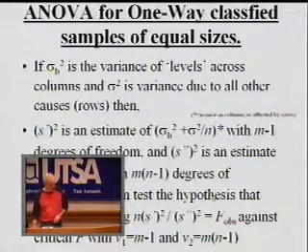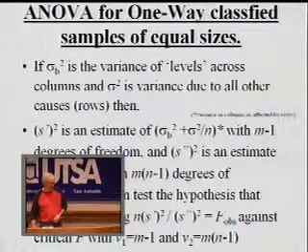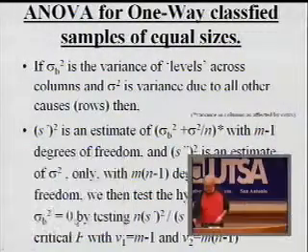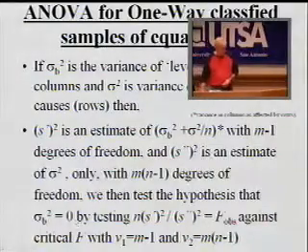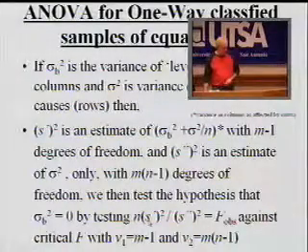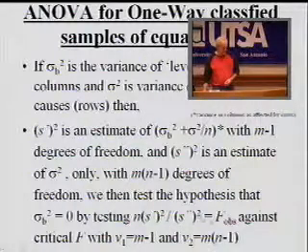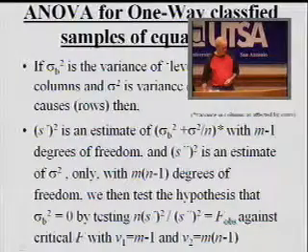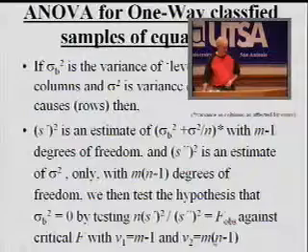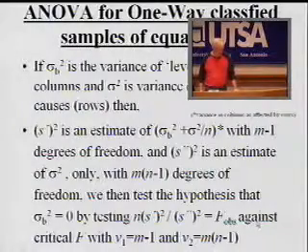We then test the hypothesis that sigma squared sub B equals 0 by testing N S prime squared divided by S prime prime squared, which equals the observed F, against the critical F, with V1 equals M minus 1 and V2 equals Mn minus 1, our degrees of freedom.